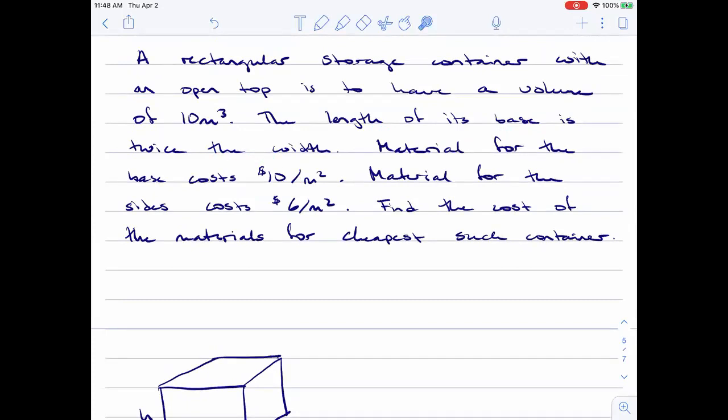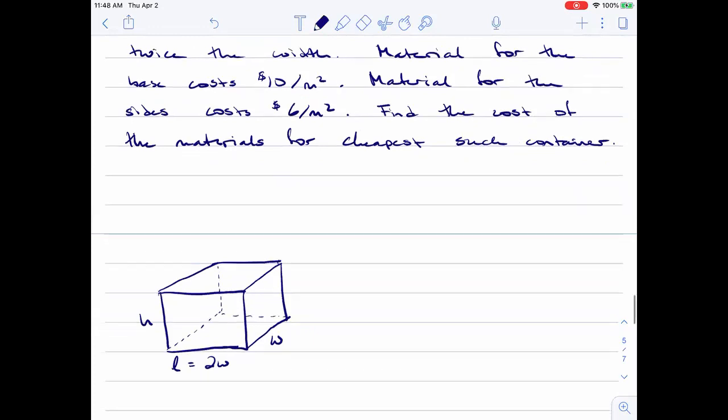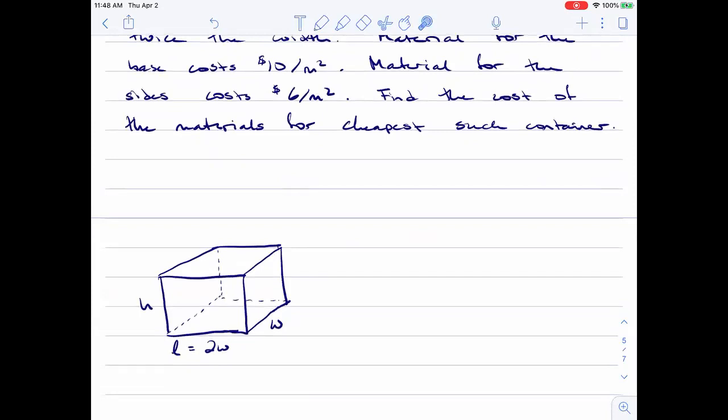Material for the base costs $10 per square meter, right? So here we've got this, completely lopsided, but that's okay. The cost of the base is going to be 2W times W at $10 per square meter.